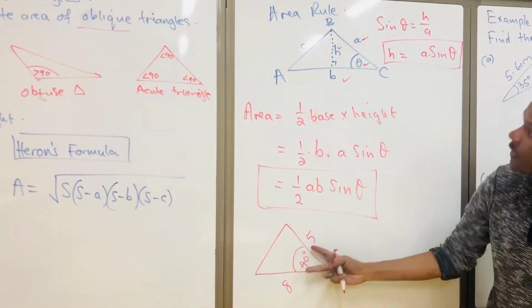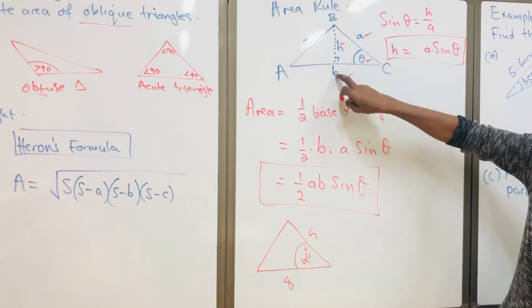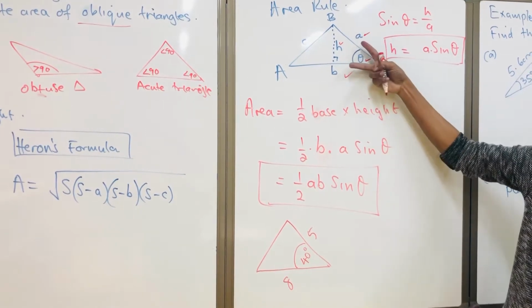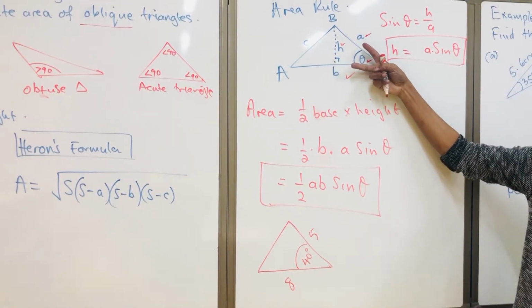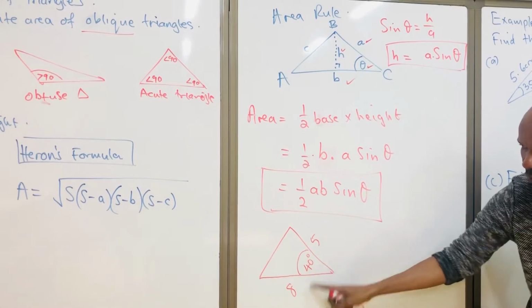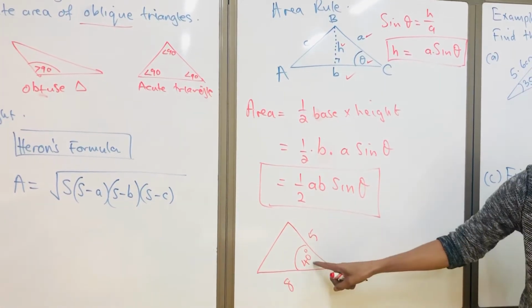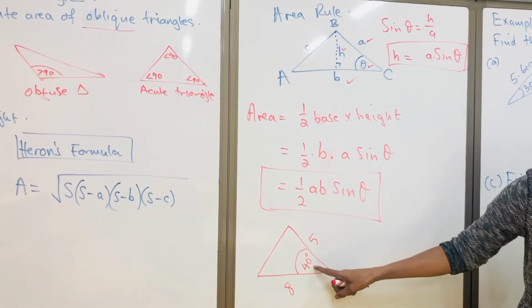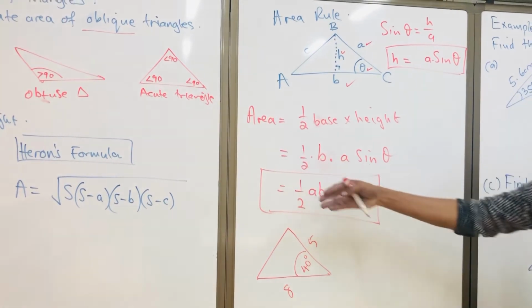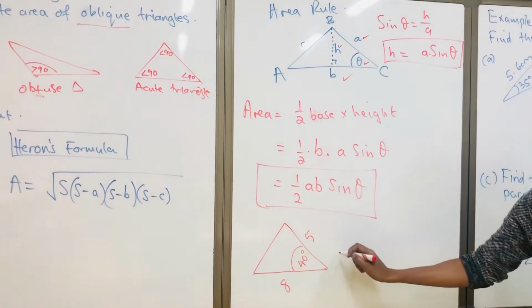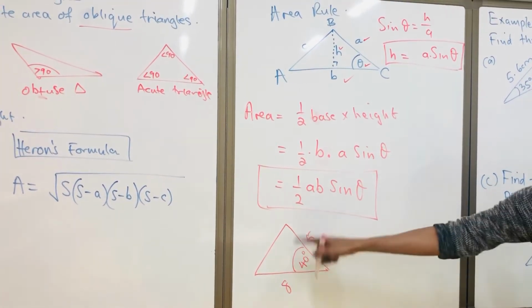So as long as you have your sides and your angle in between, you can use this formula. What will the area of this triangle be?